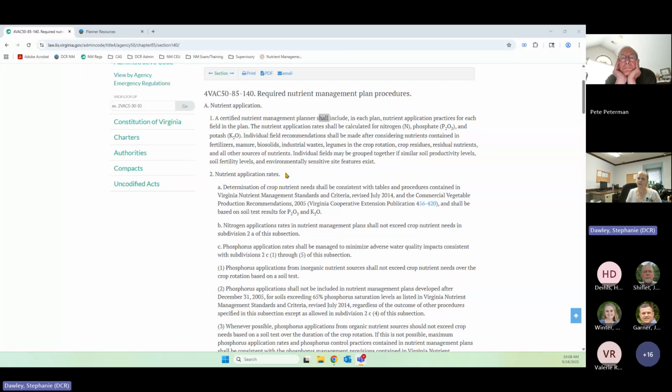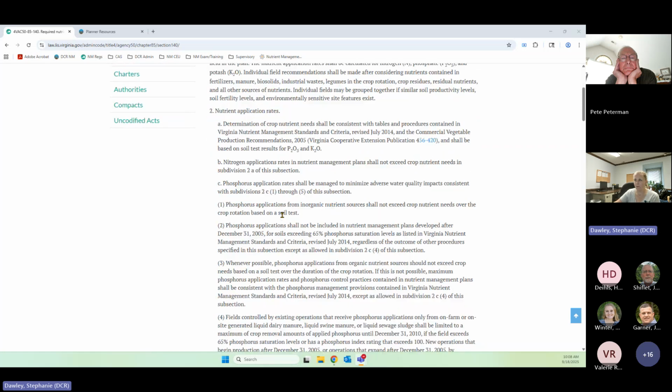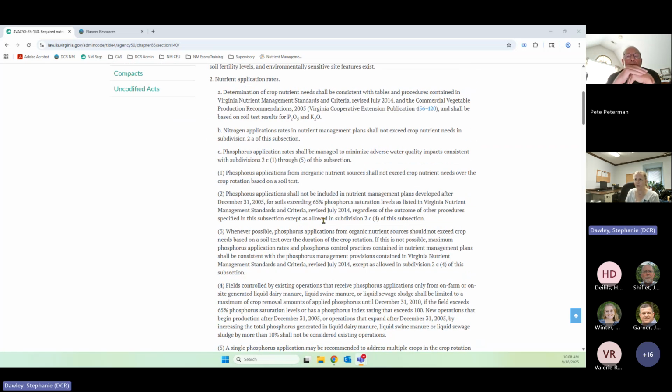And so then it'll start to drop down into specifics about nutrient application rates. And this is where we can get a lot of the specifics out of. We'll talk about in a little bit timing of application rates and how planners can make those in plans. So really, when I said this is where we get in the meat of nutrient management planning, this is where we're digging into. So we have our application rates here.